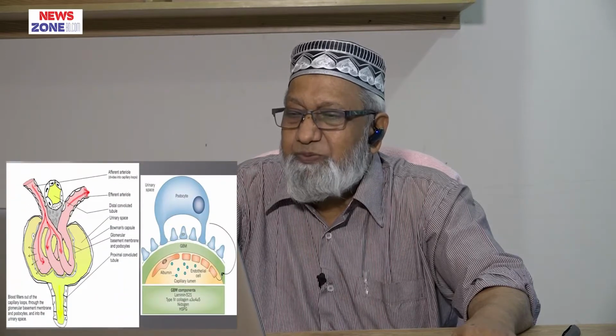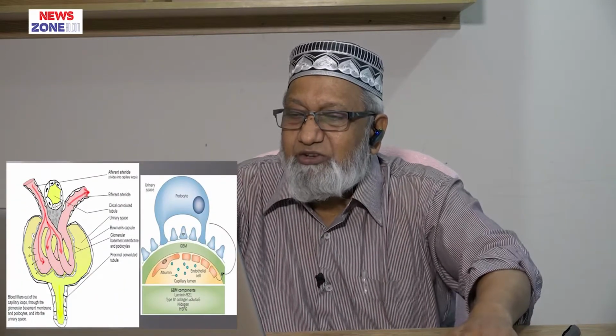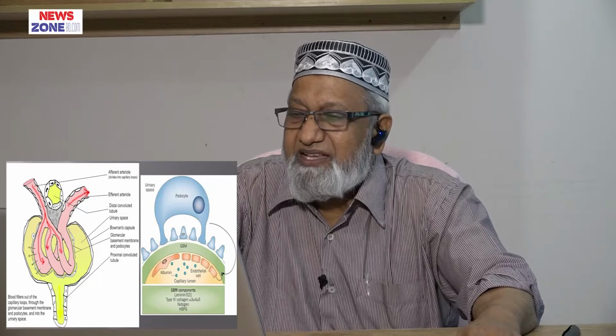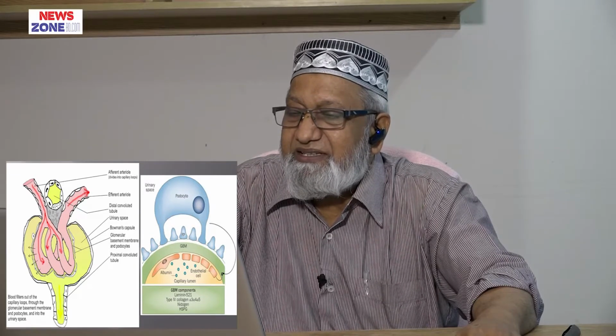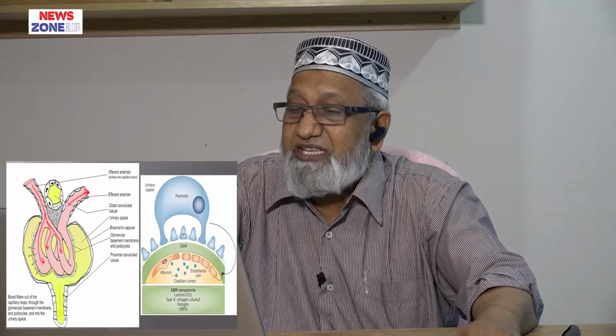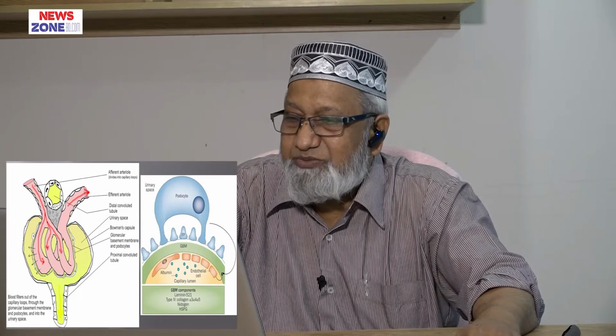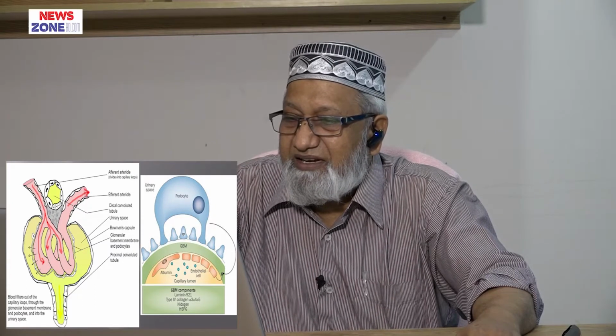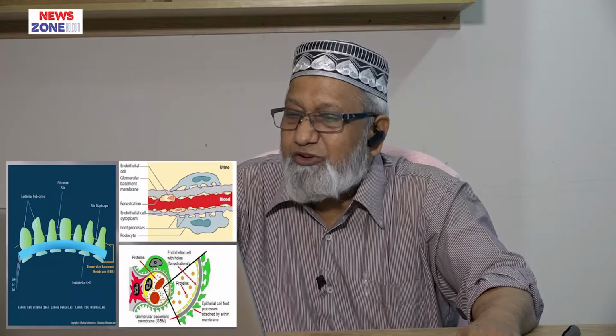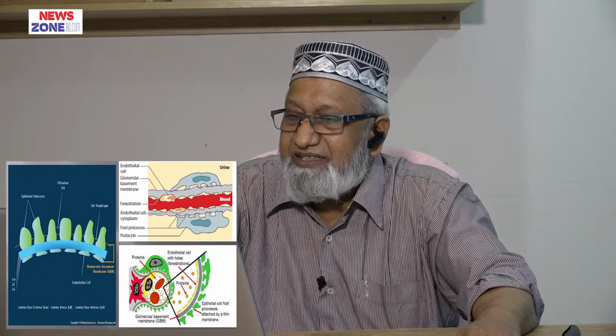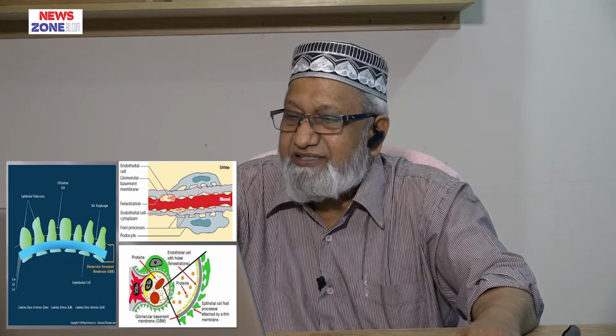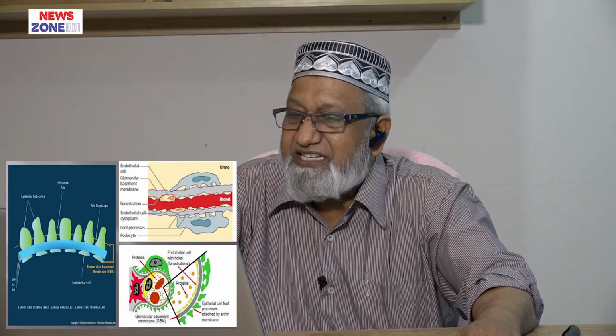I am showing you the normal glomeruli, what we usually see under the microscope. This is the foot process, and this is the podocytes. What happens in minimal change disease?